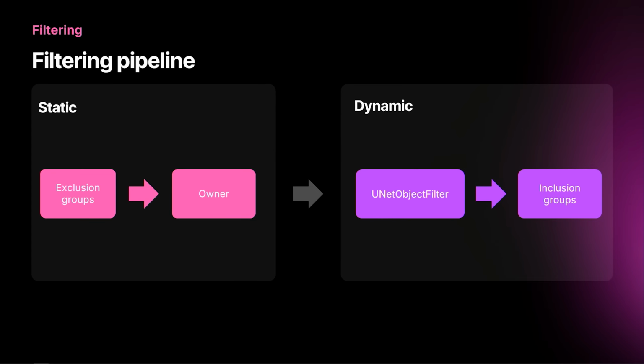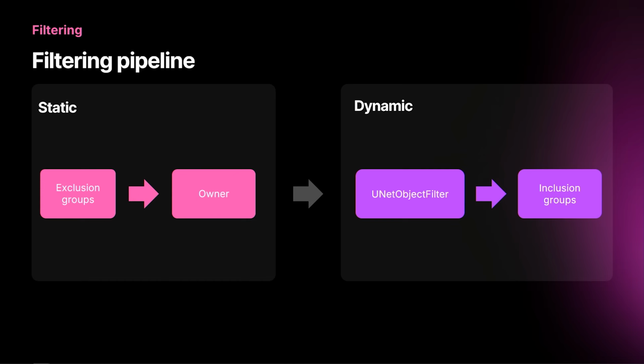So a net object filter is called every frame for every object assigned to that filter. So it can be expensive. Usually, you want to try to implement things through exclusion and inclusion groups instead.